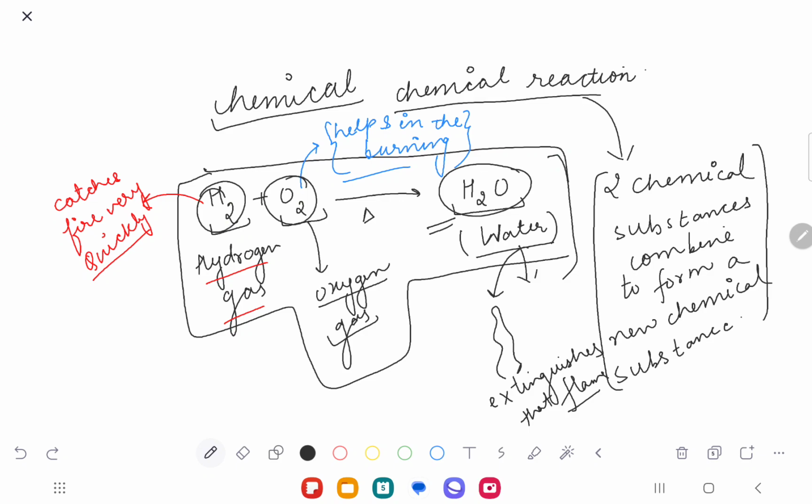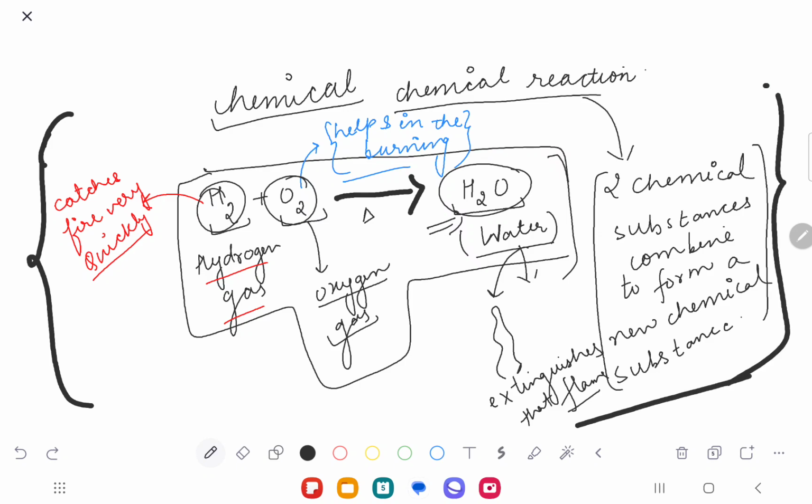And you write an arrow also. The left hand side would be the reactants and the right hand side would be the products. The arrow indicates from where to where the reaction is moving. You understand my point? That's how the reaction is going to be. I hope the concept is clear. Yes or no?